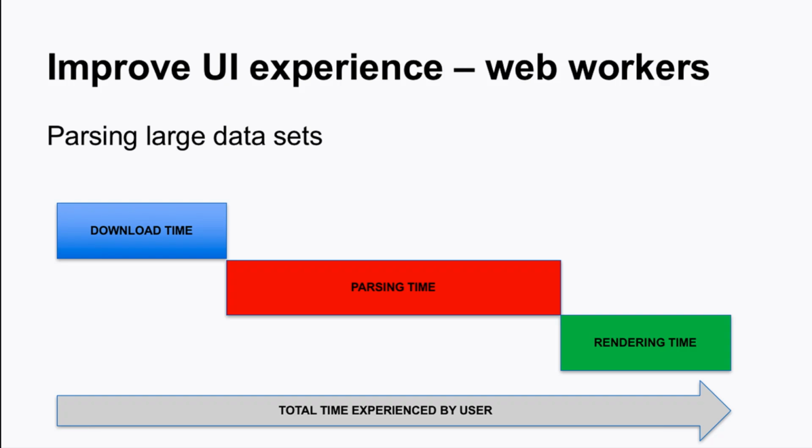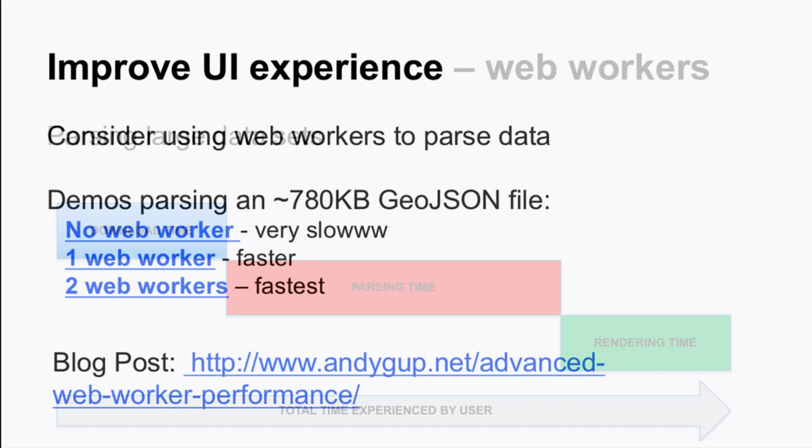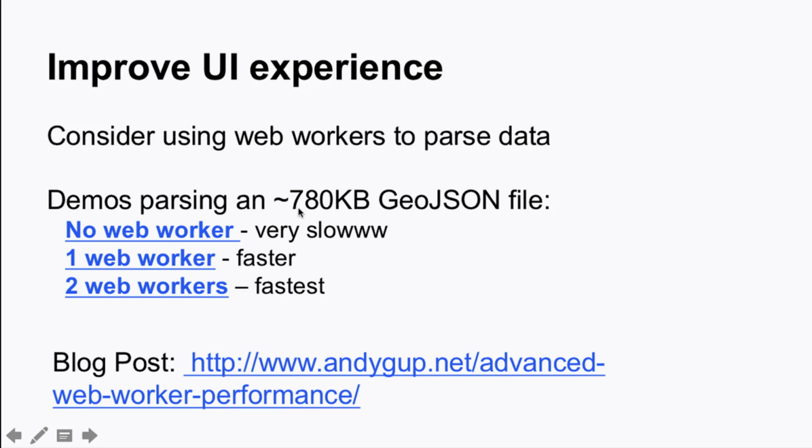There are three things that the user has to sit through: downloading that file, the time to parse that file, and then the time to render that file. So there are three things you should be aware of in terms of working with large data sets. Typically what we do is we outsource these to web workers.